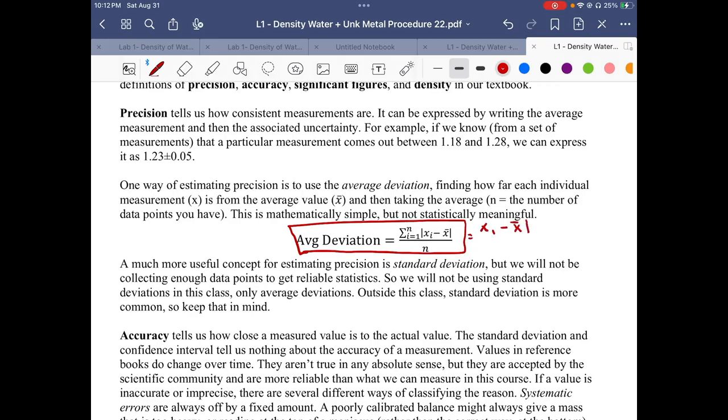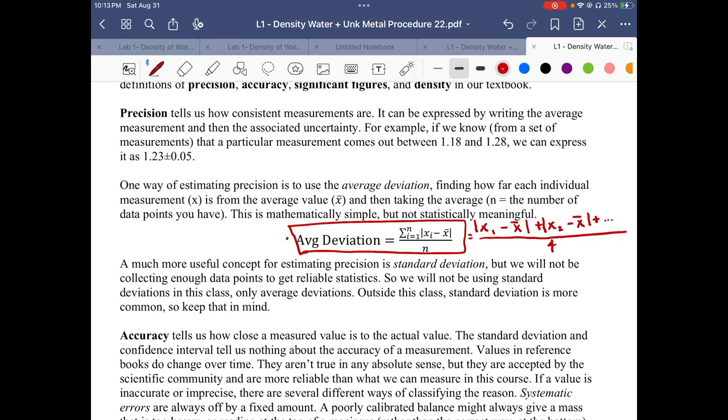You're going to take the absolute value of that, plus you're going to take x of trial 2, that means the actual density for trial 2, and subtract the average density overall, and then you're going to do that for 2 more. And when I say absolute value, that means you're going to make each of those values positive. You'll have 4 of them there, so you'll divide by 4, and that will go in as your average deviation.